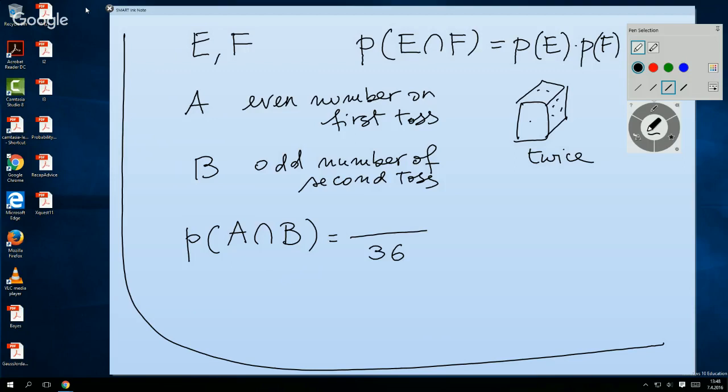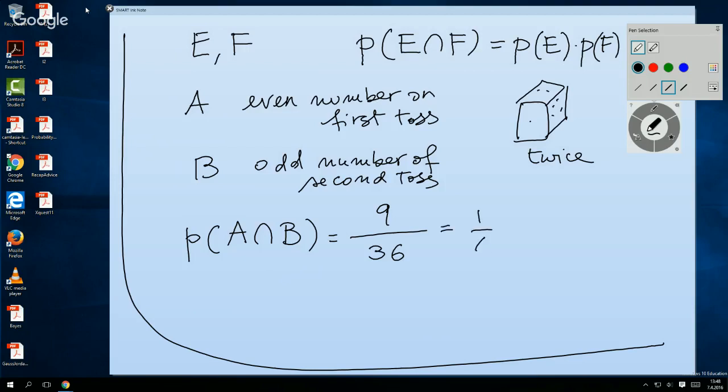Well, how many such possibilities are there? There are 3 even numbers and 3 odd numbers. So overall, all the possible combinations are 9. Each one of the even numbers can be paired with 3 odd numbers. There are 3 such, so 3 times 3, 9.